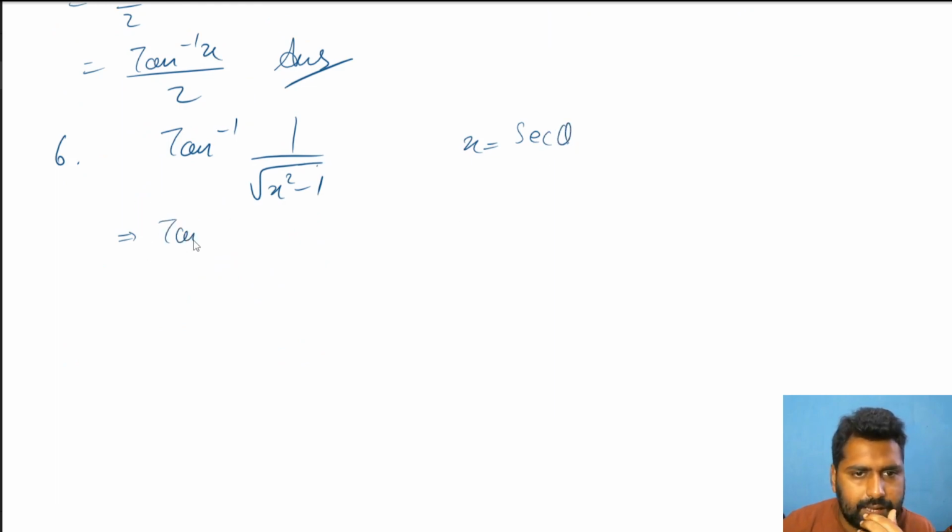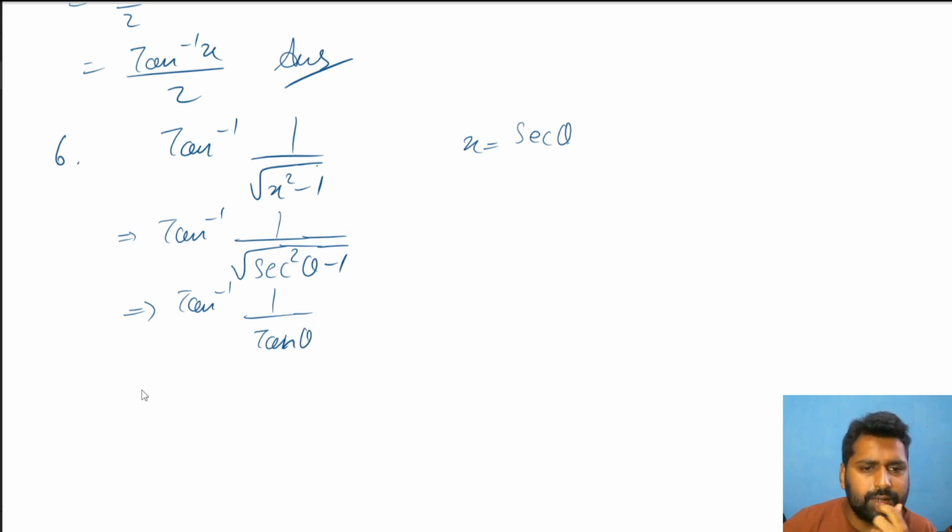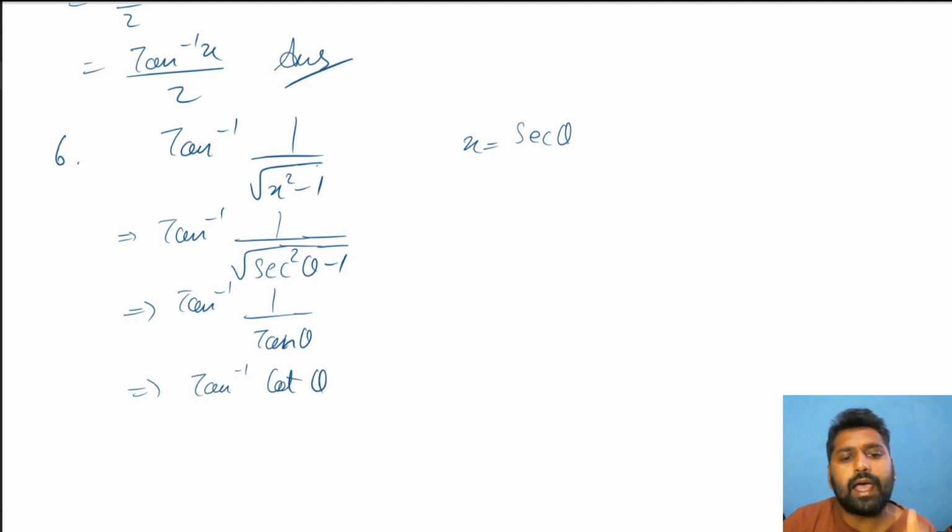Let's use tan inverse 1 upon square root of sec square theta minus 1. Sec square theta minus 1 is tan square theta. So it will cancel the square root, and it will become tan theta. What is 1 upon tan theta? It becomes cot theta. Now you cannot cancel tan inverse with cot. Somehow either this becomes tan or this becomes cot inverse.